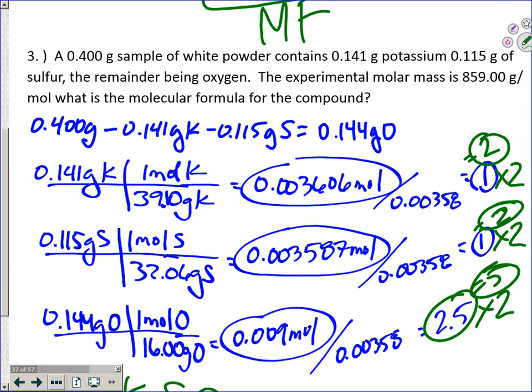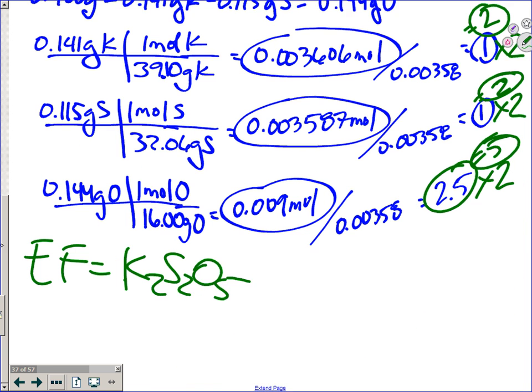What about the total mass? So that's getting our multiplier. We take the total mass and we divide by the mass of the compound. The mass of the empirical formula of that compound. So 859.